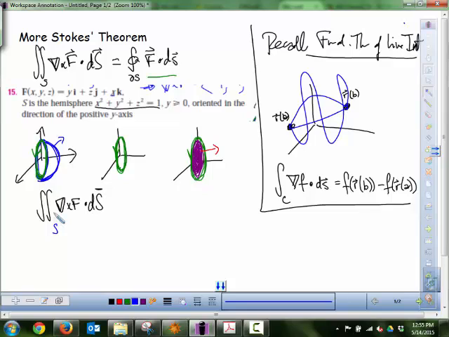So what we're saying is that this flux integral that you would do over the surface can be changed into a line integral that you would do over this boundary.